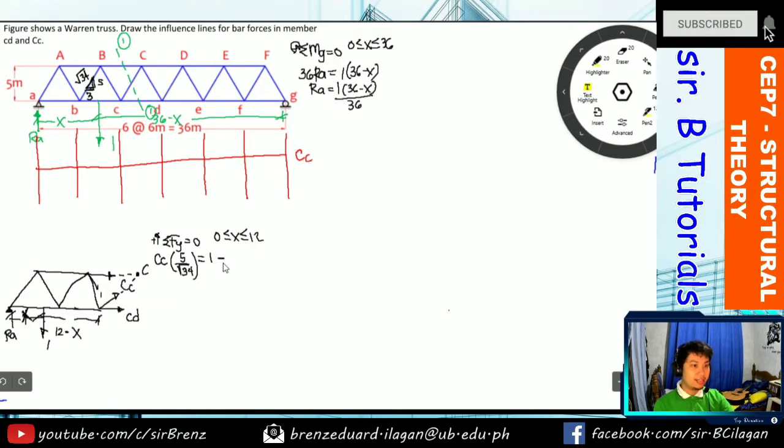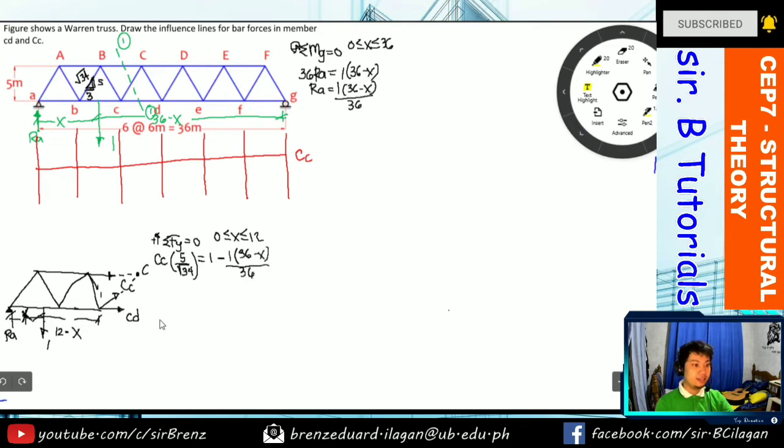So, ang gawin natin guys dito, isalpak na lang natin yung equation for RA. Hindi na kasi natin knowing yung influence line for RA since limited naman yung space, but anyway, papakita ko sa inyo na pareho lang din dapat nalalabas.